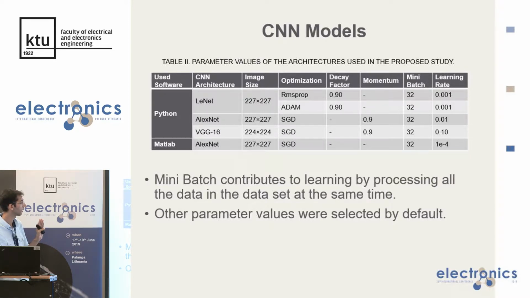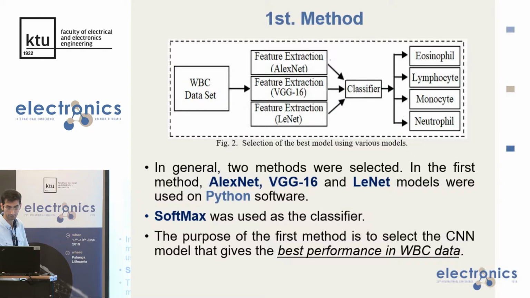Image size is the same but the learning rate is different, and mini-batch is the same. Optimizers ADAM, SGD, and RMSprop were used. Other parameters were selected as default. Two methods were selected. In the first method, AlexNet, VGG16, and LeNet models were used with Python software.